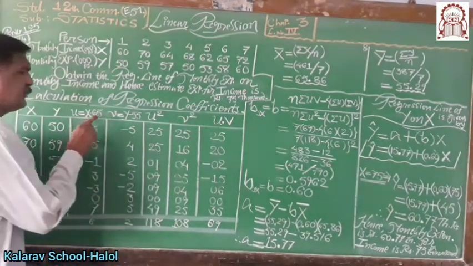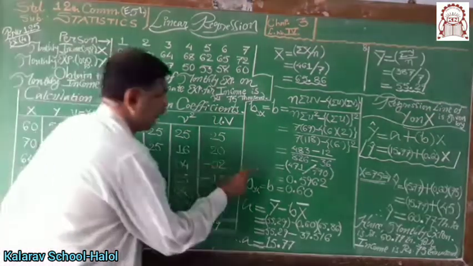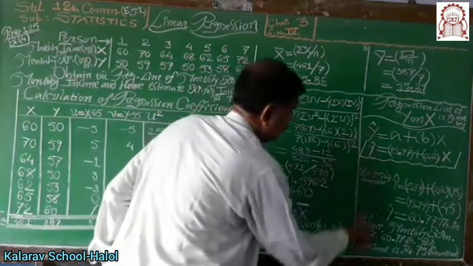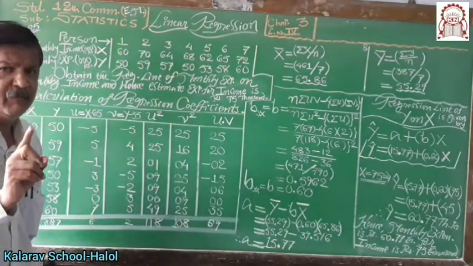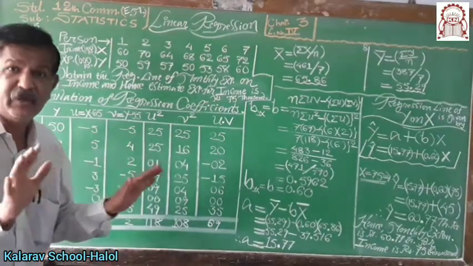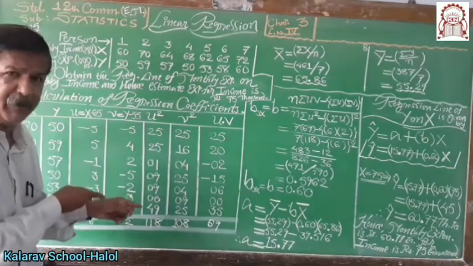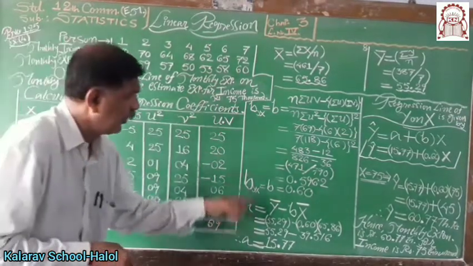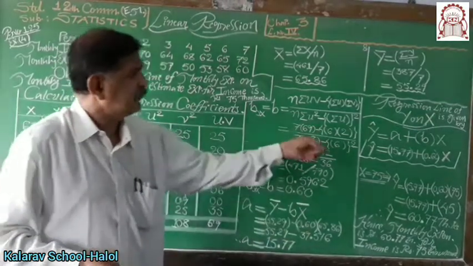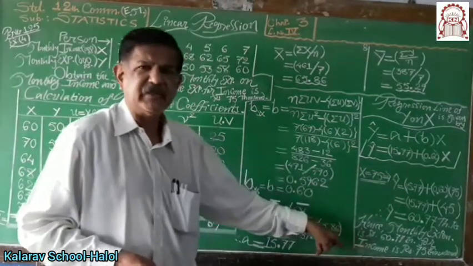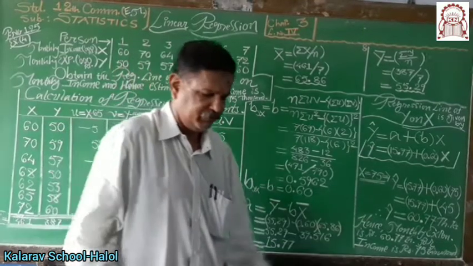You may change this value, but the final answer of b, a, and y cap remains the same, unchanged. Do not worry about anything. Calculate properly. Use the proper formula. Simplify carefully and then substitute the values, and by simplifying you will get the answer.